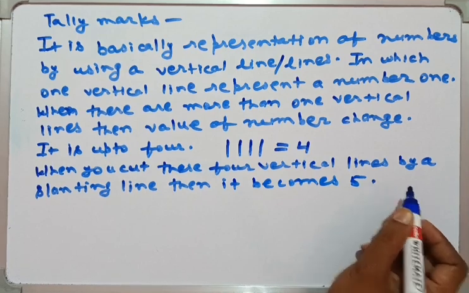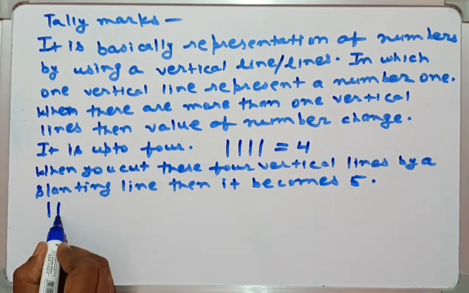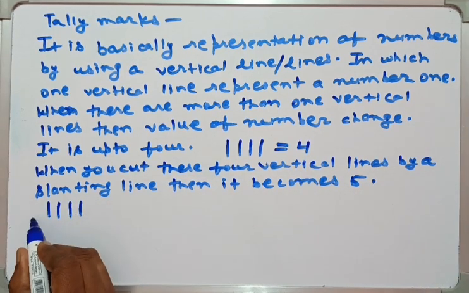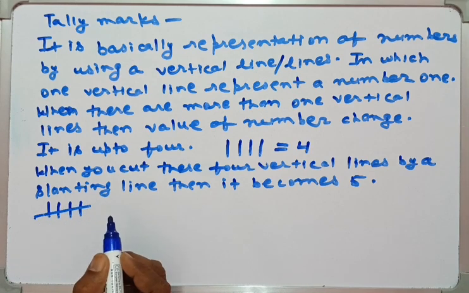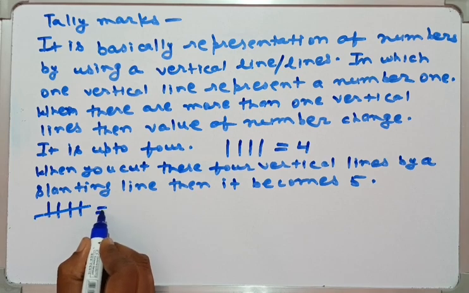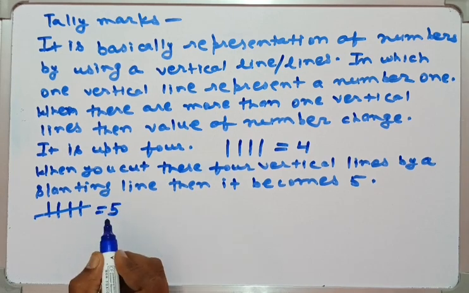See here, 1 2 3 4. Now I cut these vertical lines by this slanting line, so this becomes a 5 guys.